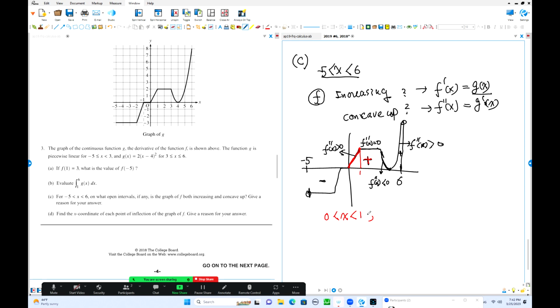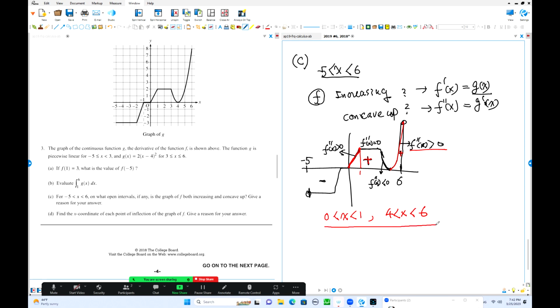Another one over here too, from here to here, right? Increasing, and the slope is concave up. So from this point, 4 to x equals 6.